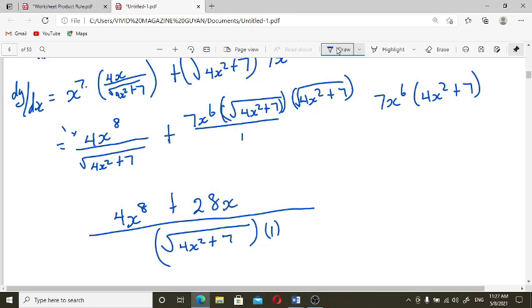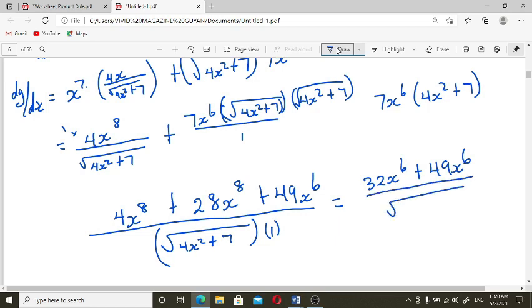You have your x, 6 plus 2 is 8, plus 7 7s is 49, and then you have x to the 6th. So this is now equal to the 4x to the 8th and 28x to the 8th is going to give you 32x to the 8th plus 49x to the 6th being divided by the root of 4x squared plus 7.